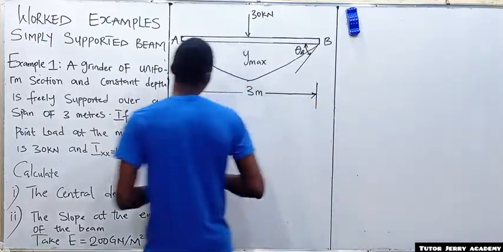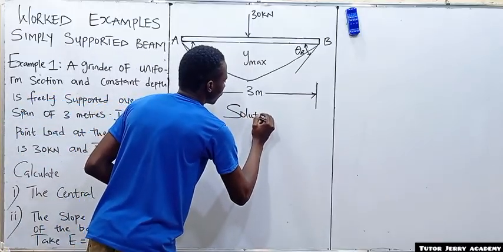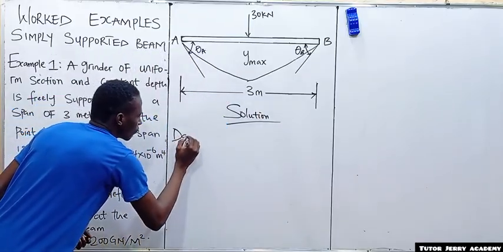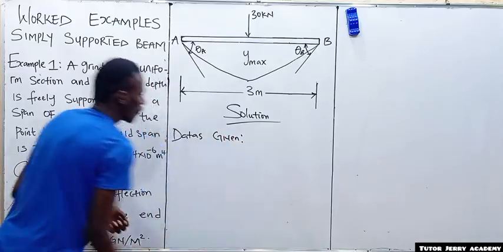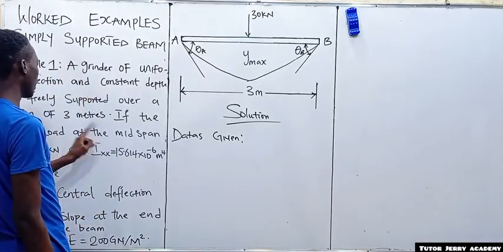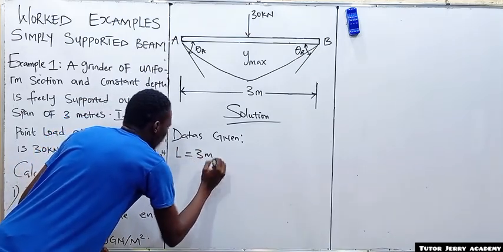Now let's bring out our data. The solution. Now we have what data is given. First, we have our length of 3 meters. So our length L is equal to 3 meter.